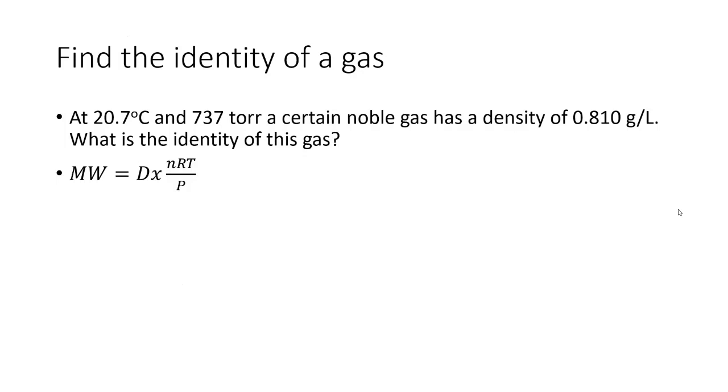So we're going to find the identity through the molar mass. And so we have our formula, the second one on that page. Molar weight is density times nRT over P. And I should have left the n out because that's 1. So anytime density is involved, just assume 1 mole.